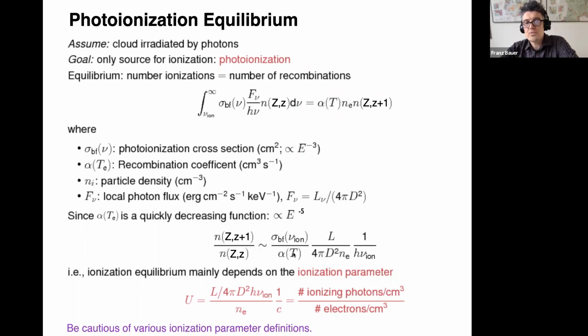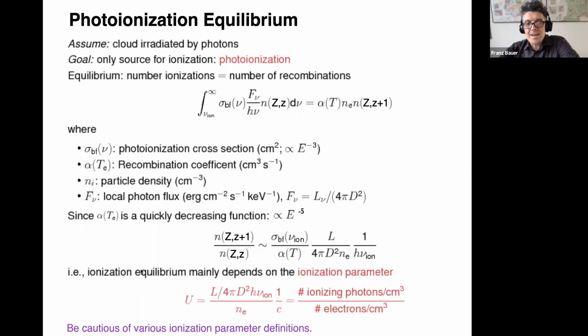So this is roughly 1 over E squared. And then you have the photons. So this is the photon flux, and then just the energy of the photon. And so again, this is a quickly declining process with the energy of the plasma.